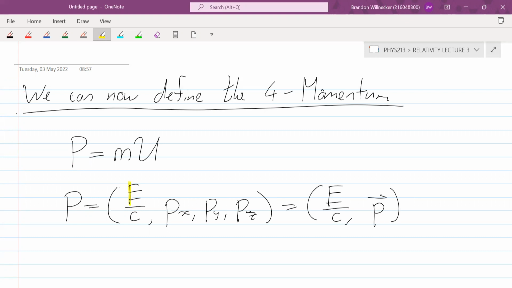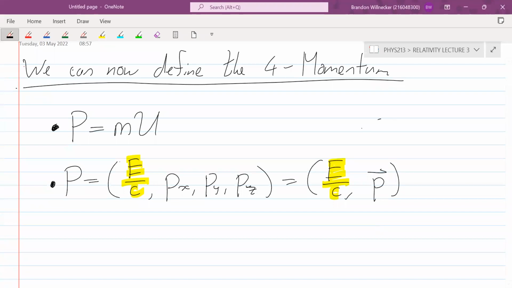You might be thinking, how did we get that? That's not too obvious from the first expression where we use the 4 velocity. However, we do need to figure out why it's there. So we've got 4 momentum defined in terms of 4 velocity, and 4 momentum defined in terms of energy and 3 momentum.